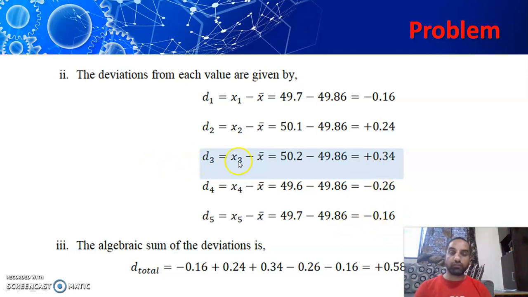For the third one, x3 minus x bar, 50.2 minus 49.86, this value becomes positive. So for the algebraic sum of all the deviations, the first one is minus 0.16 plus 0.24 and so on. The addition of all these becomes 0.